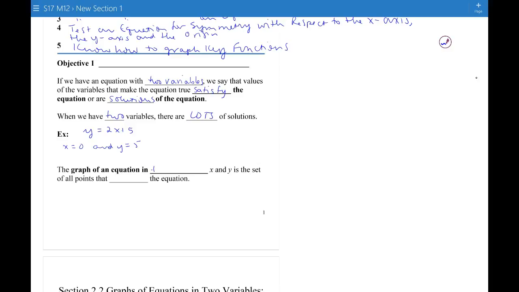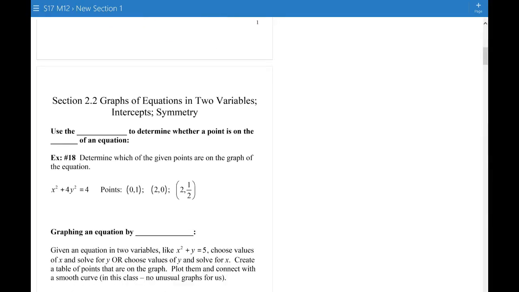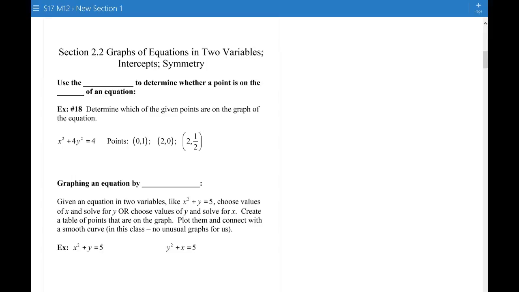So the graph of an equation in two variables, x and y, is the set of points that satisfy or make true the equation that you're looking at. Okay, so this is a really important concept that you can go back and forth between equations and graphs. So the equation is something algebraic, and the graph is a picture of that.